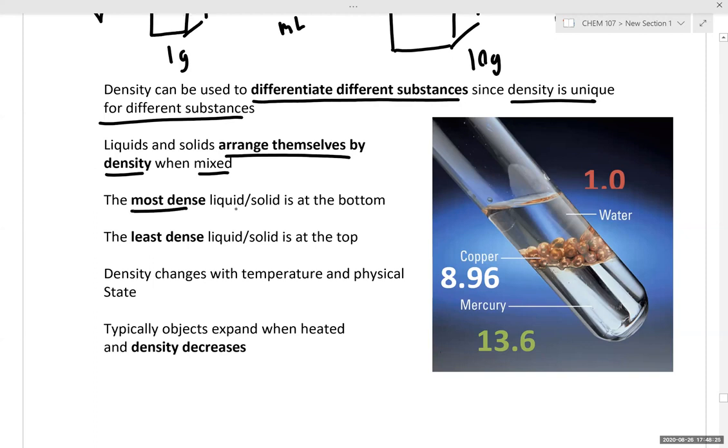The most dense liquid or solid is at the bottom, the least dense is at the top. Looking at this example, we have mercury, which is extremely dense, with a density of 13.6 grams per mil. Copper has a density of around 9 gram per mil. And water is our least dense substance with a density of around 1 gram per mil. So density only depends on the chemical identity of your object.